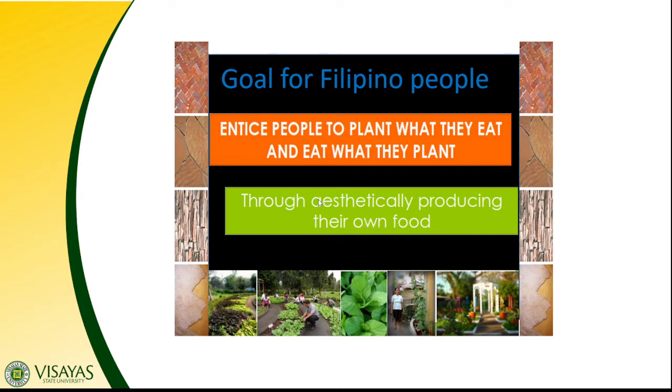This is production of vegetables or plants in relation to beauty, beautifying our surroundings, so that at least we will be encouraged or enticed to plant more and produce more so that we'll have something to eat. Also look at the pictures below. The vegetables are planted in a nice arrangement, together with ornamental plants.